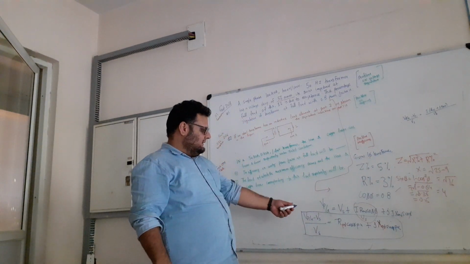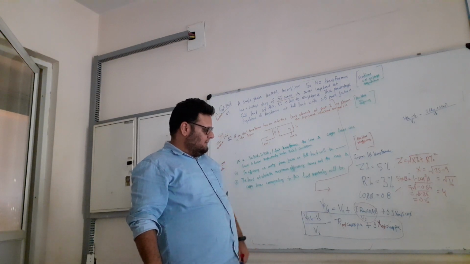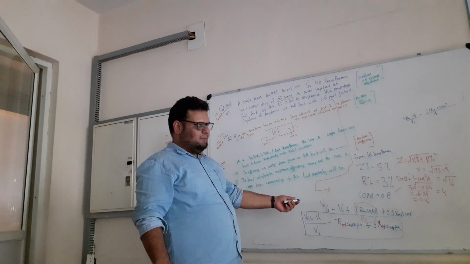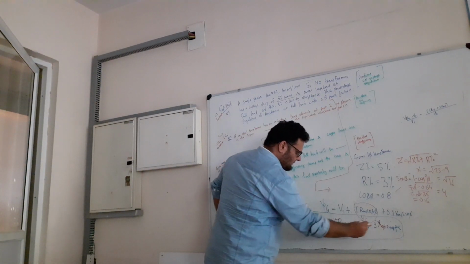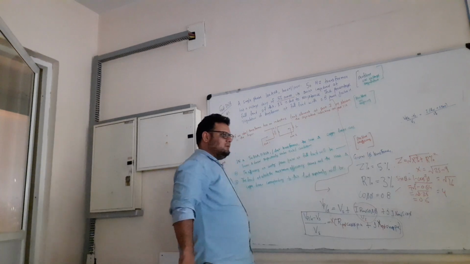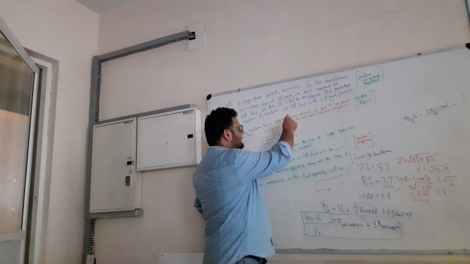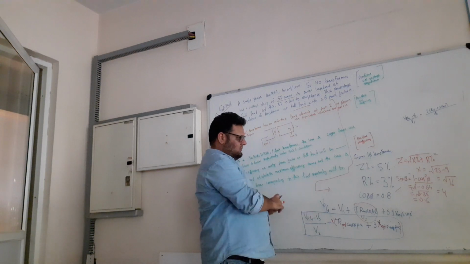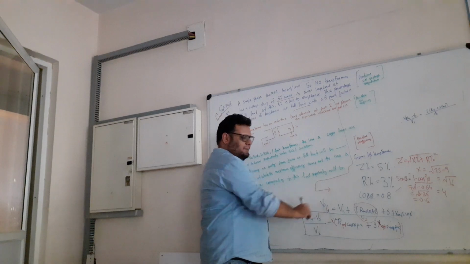Now the only thing is that you have to substitute the values. You also have the fractional loading that you have to multiply, and the fractional loading is 1 because it is at full load. So in this formula you have to substitute X and R per unit.